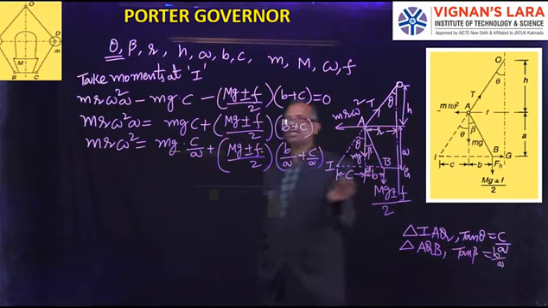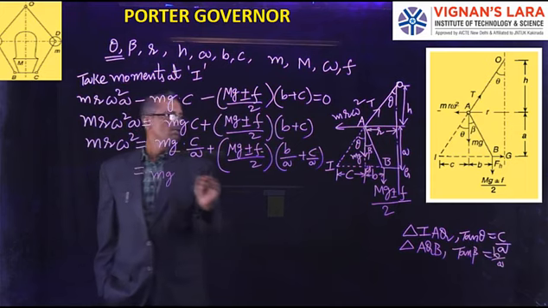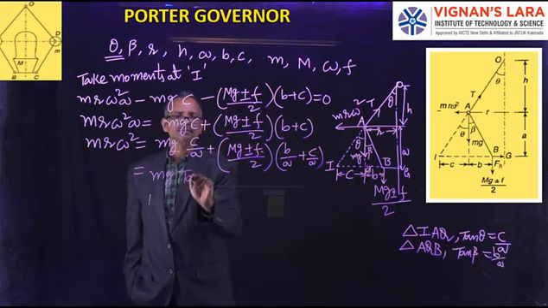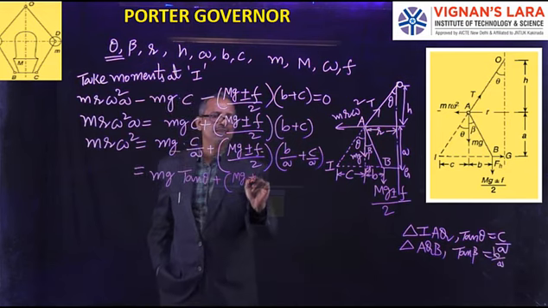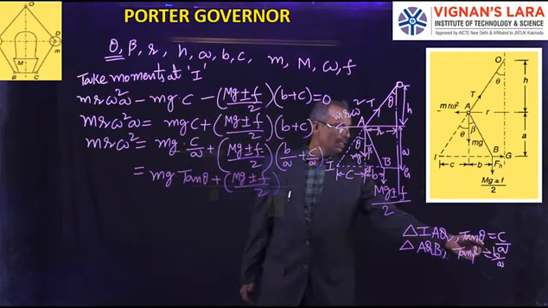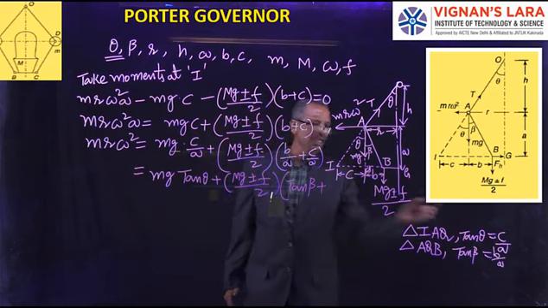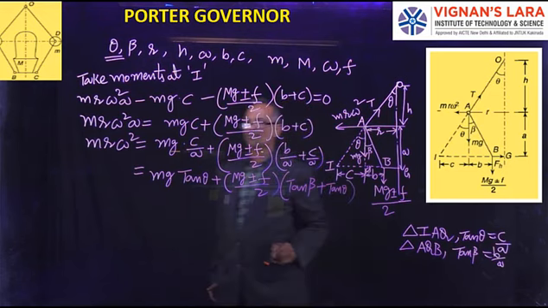Now let me replace those things here. mg, what is C/A? Tan θ, plus (mg ± F/2), B/A is tan β, plus C/A, tan θ.